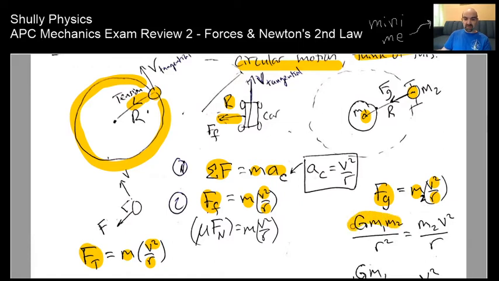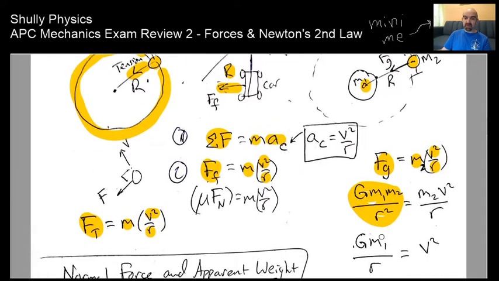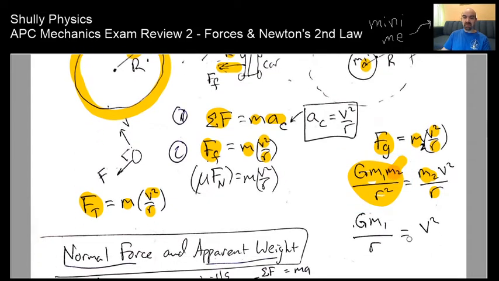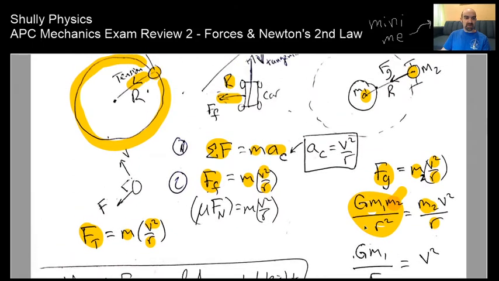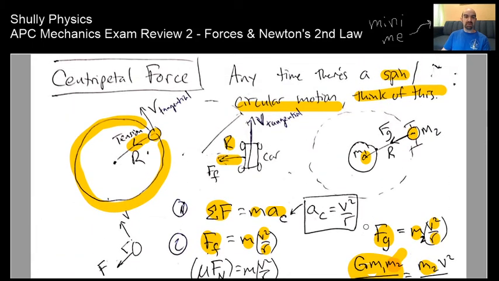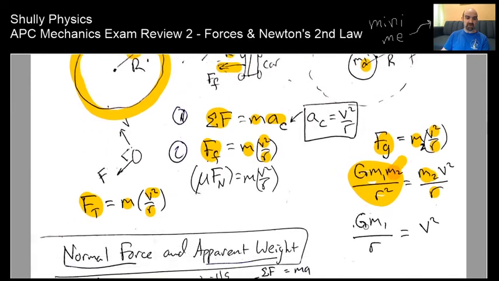Plugging in Fg equals G m1 m2 over r squared, of course, we'd substitute in the mass of the Earth. Notice m2 would cancel out on both sides, leaving us with v squared over r on this side, and one of those r's would cancel. Multiply r on this side, and multiply r on this side. You end up with a simpler expression. All right, so that kind of goes quickly through several common centripetal force scenarios.